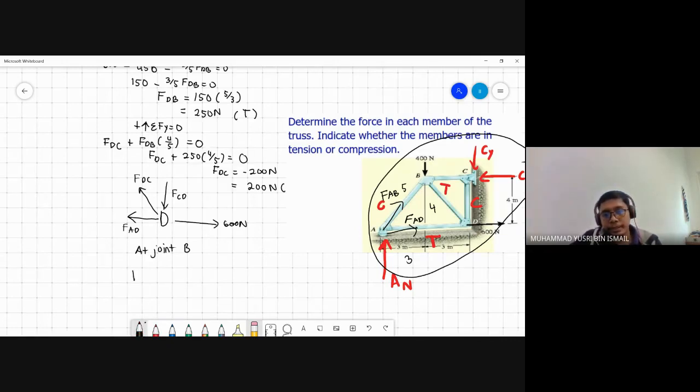So at joint B, basically a 400 Newton, then FAB is a compression. Then C, I don't know yet, so I need to calculate FBC. Then I also know that FBD is a tension. So create the summation of forces.